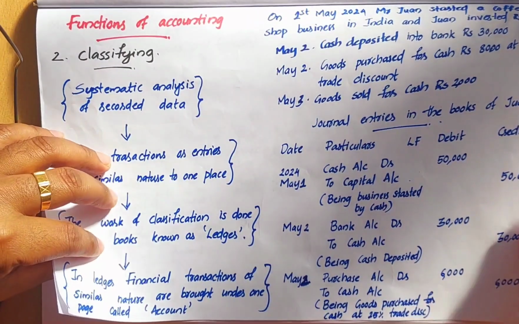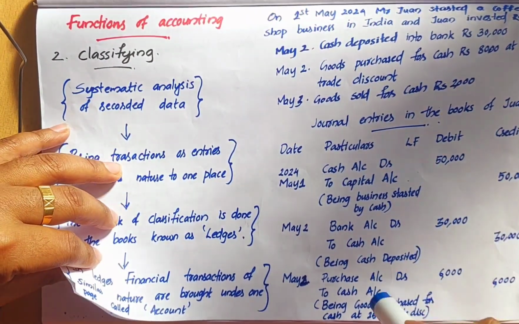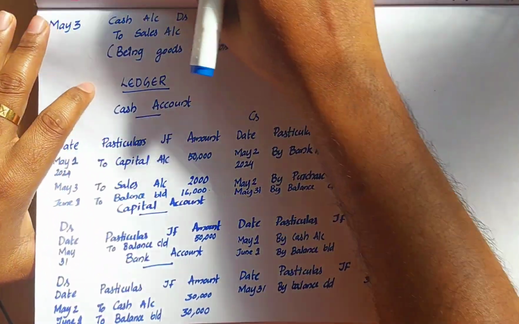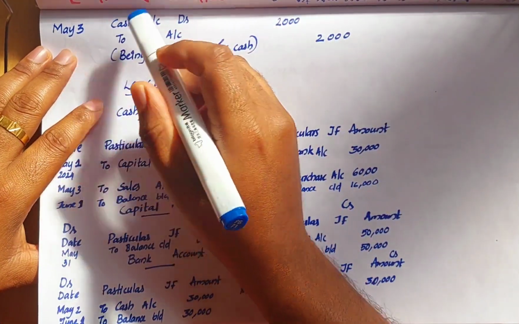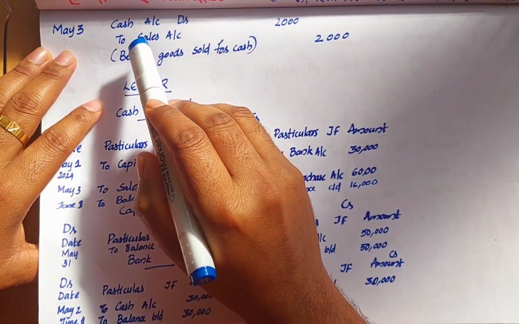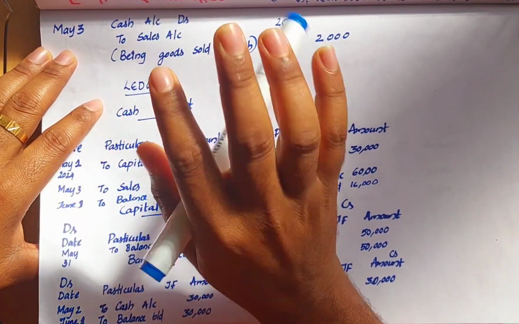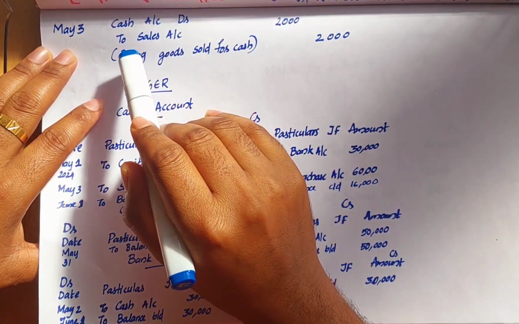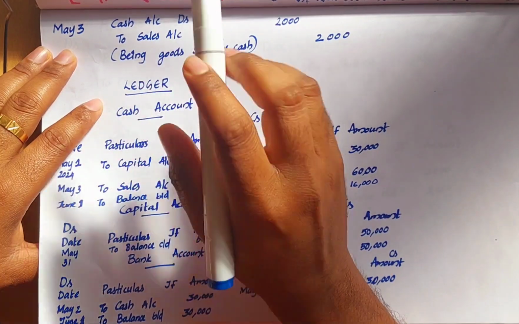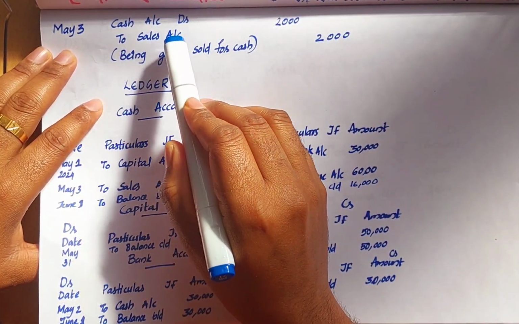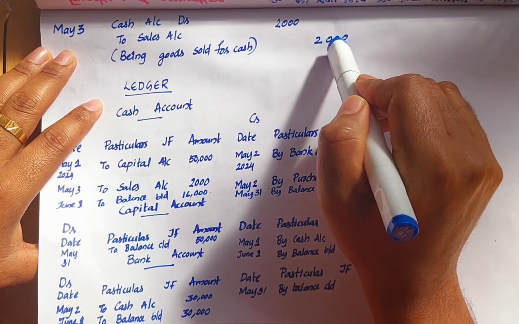Now we have one more. Cash account we have already written. Now we have the sales account. On May 3rd, the journal entry is cash account debited to sales account. The cash account ledger we have already prepared. Now the sales account ledger. Cash account debited to sales account, so sales account we are crediting here.